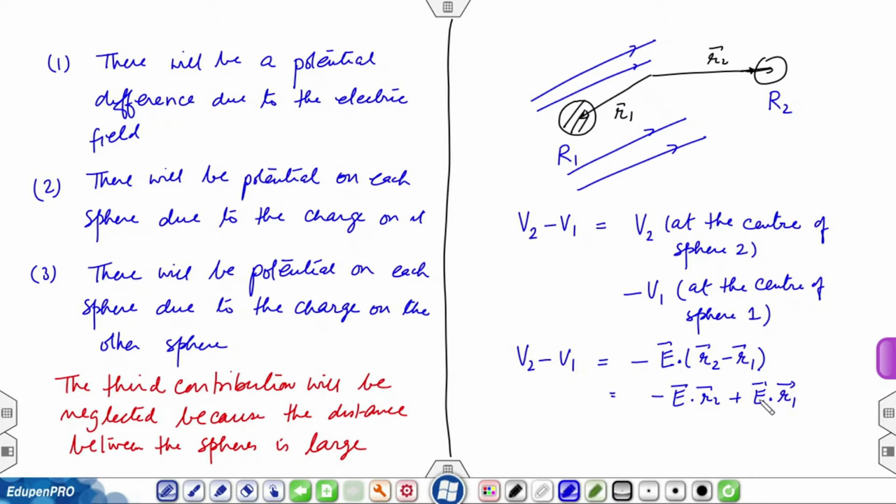This is the work done by us if I were to move a unit charge from the center of the first sphere to the center of the second sphere. So, this is contribution 1.